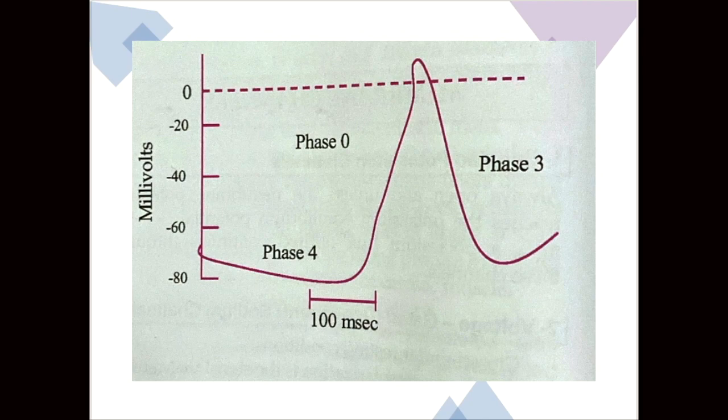Look at the slope of phase 4 in the SA node. This slope determines the heart rate. Acetylcholine decreases, and the catecholamines increase, the rate of diastolic depolarization, decreasing or increasing the heart rate respectively.